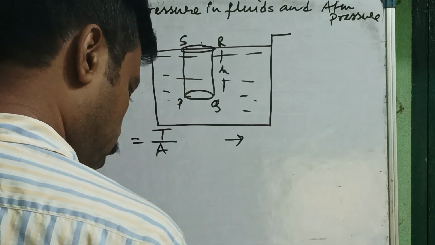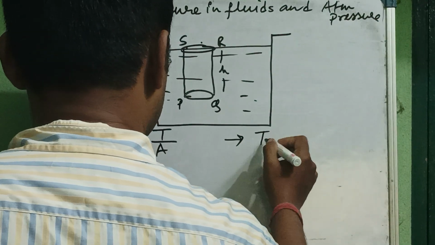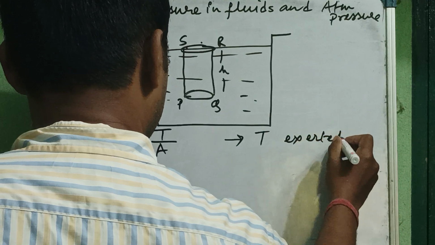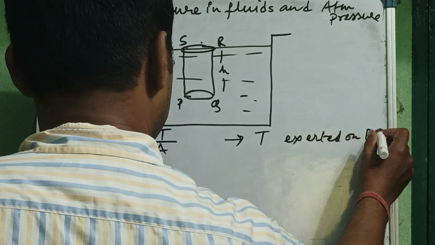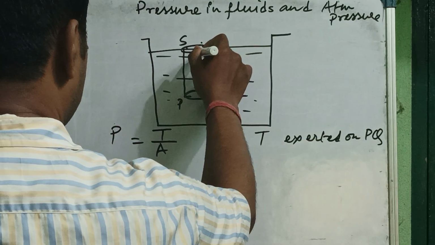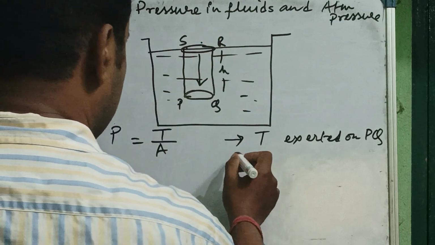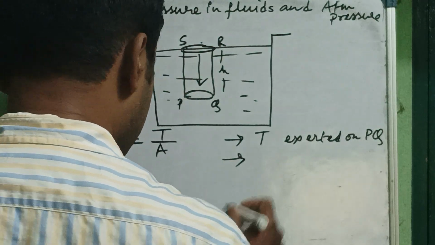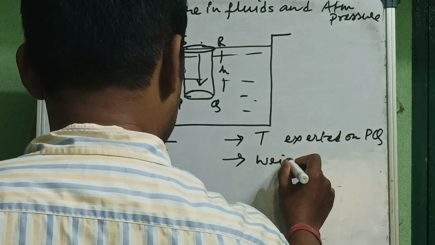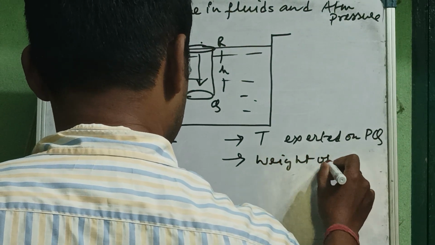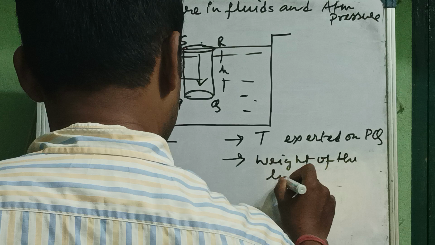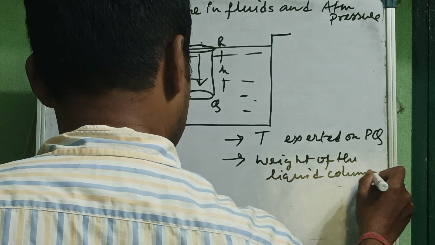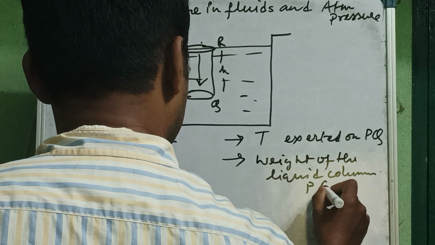First key point is the thrust exerted on PQ. Second key point is the weight of the liquid column PQRS.